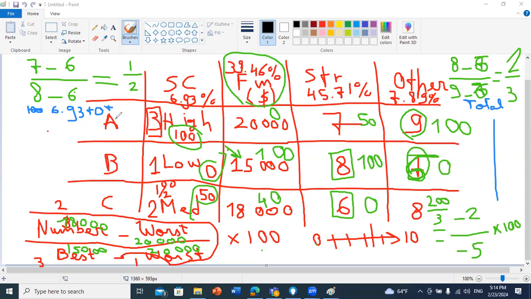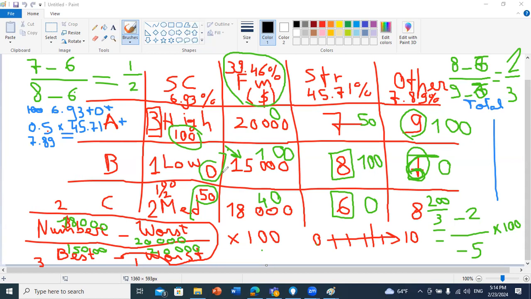So 0 plus 0.5 times 45.71, plus 100 times 7.89%. So it's plus 7.89. Okay. Can anyone please, meanwhile, do the calculation for the score here?